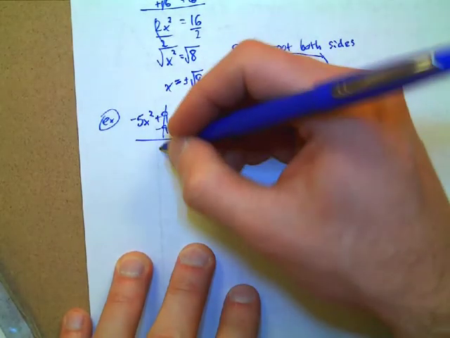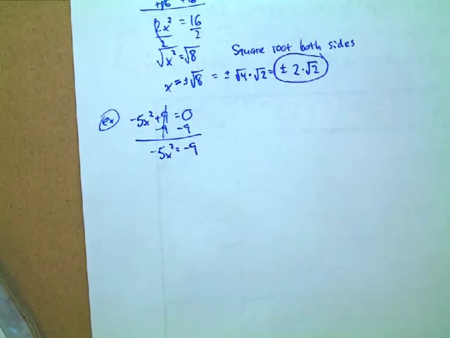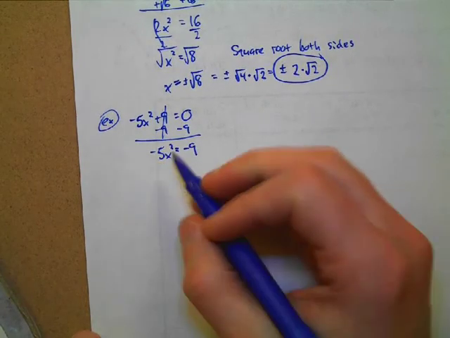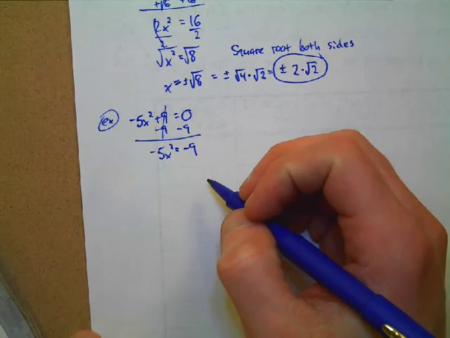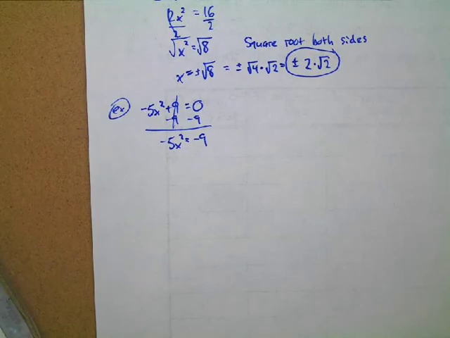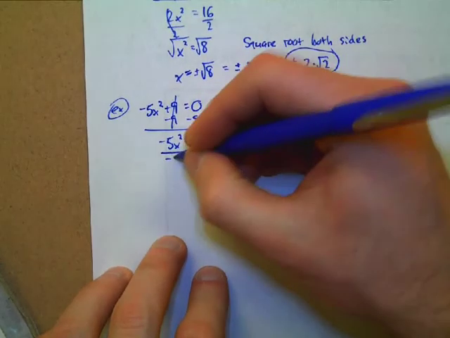So we'll have a negative 5x squared left here, and then negative 9 here. And then what? Well, what's with the x squared still? 5. Okay, and it's negative 5. And when it's written next to the x squared, what operation does that mean? When you have a number written next to a variable like that, does that mean add, subtract, multiply, or divide? Divide. Well, it means multiply, but we will divide both sides by negative 5, right?